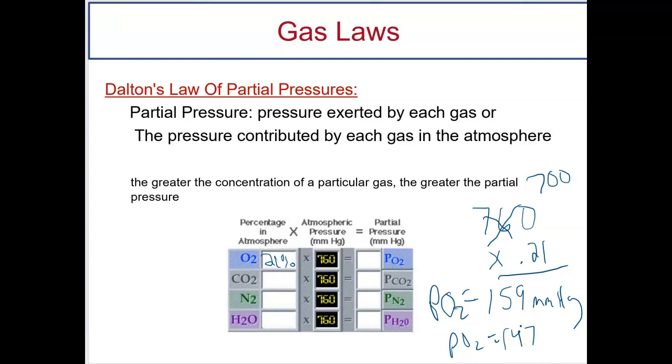So when we go up in altitude, since our atmospheric pressure falls, so does our PO2. So that's why people will say that there's less oxygen. There is, because the pressure has fallen. It's still 21%. So, technically it's the same percentage of gas, but because the pressure is lower, it definitely affects our PO2. And you'll see this is what is going to drive the diffusion in our lungs, right? We need to bring it in.